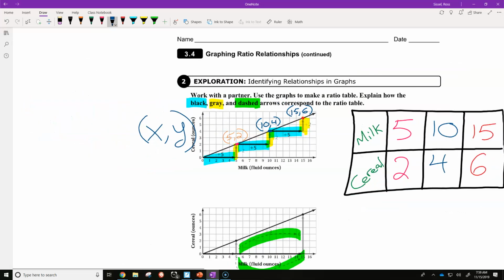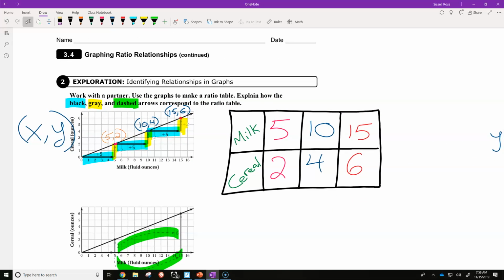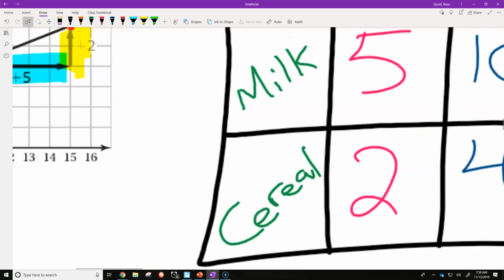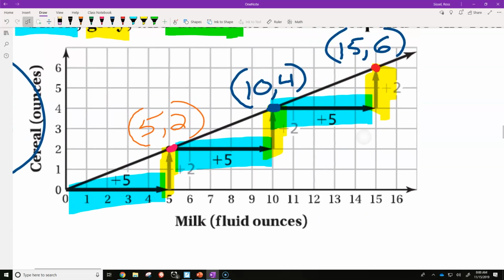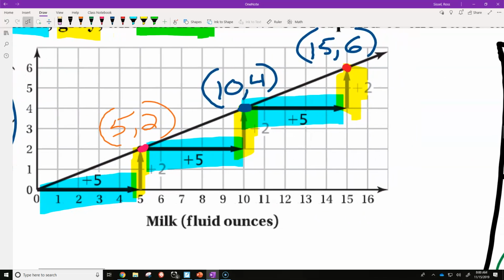Now, can I share something secret with you guys? Let's see if you can figure this out. Big, big, big secret here. Looking at this, when we looked at our coordinate points, there's 1, there's 2, there's 3.